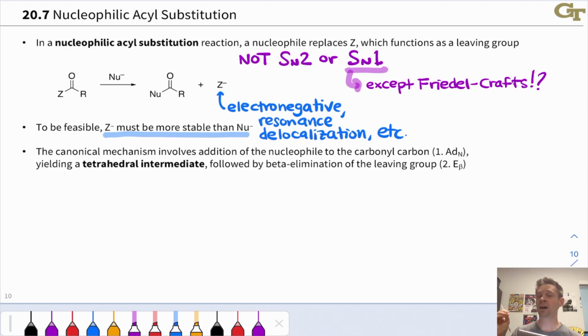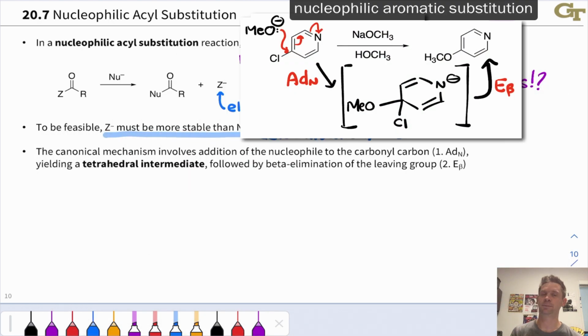We've also seen associative substitution, where the nucleophile comes in, we get a tetrahedral intermediate, where the electrophilic carbon, which is trigonal in the starting carbonyl compound, becomes tetrahedral and then kicks off the leaving group. Where we saw that previously was in nucleophilic aromatic substitution. The nucleophile added, and then the leaving group was kicked off in a beta elimination step. That same sequence of elementary steps occurs in nucleophilic acyl substitution.